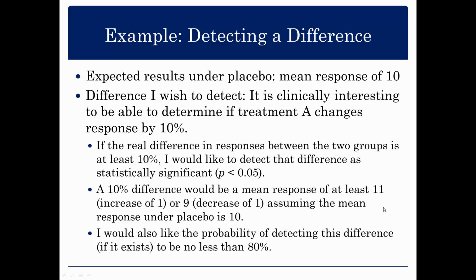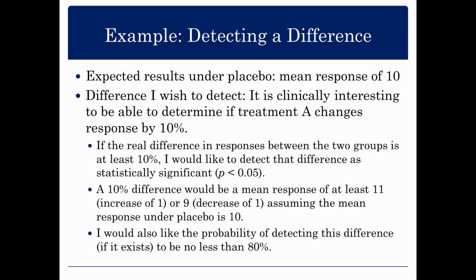In order to power a study that requires a t-test to be performed on it, we have to know some things. We have to know, number one, what are the expected results under the control or under placebo? Well, we would expect under this control group to have the response be on average a 10. And then I have to think about, as a clinician, as a scientist, what difference would be clinically meaningful to me to observe in this study?